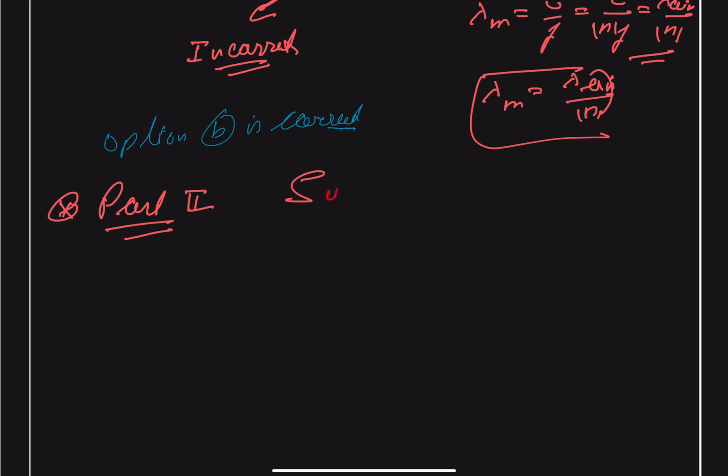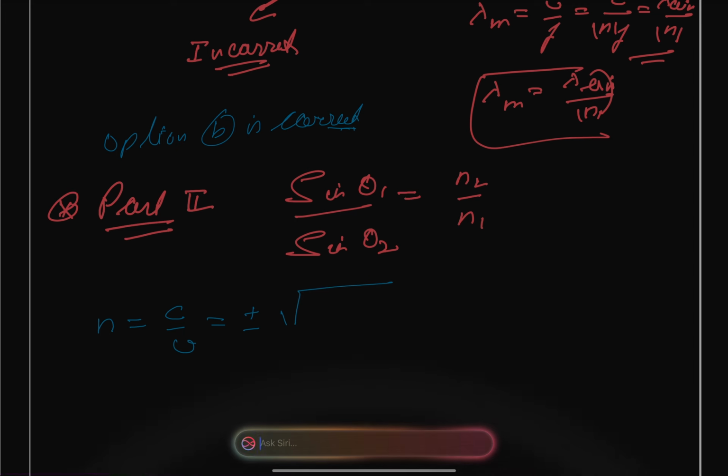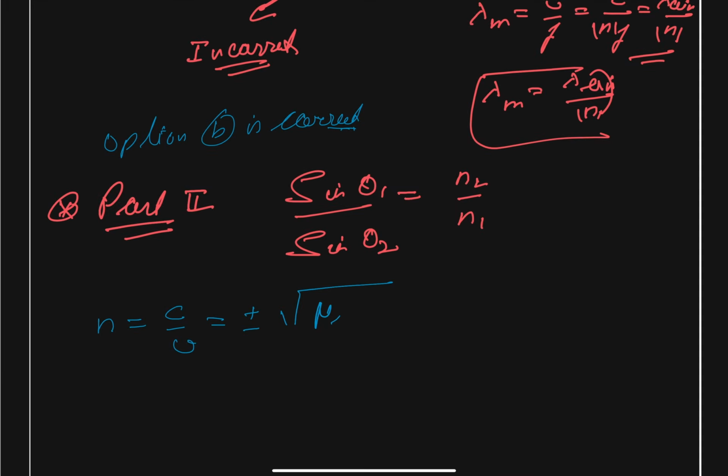Snell's law gives sine of theta 1 divided by sine of theta 2 equal to n2 upon n1, and the refractive index n is given as C upon V, equal to plus minus square root of mu r and epsilon r.